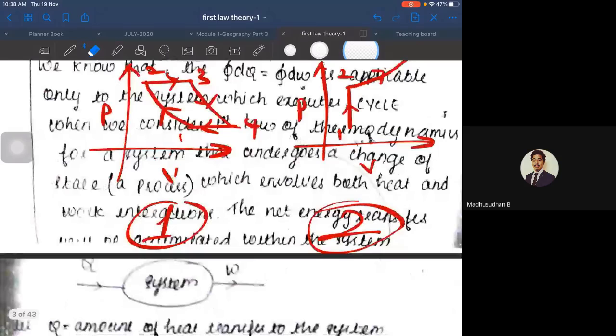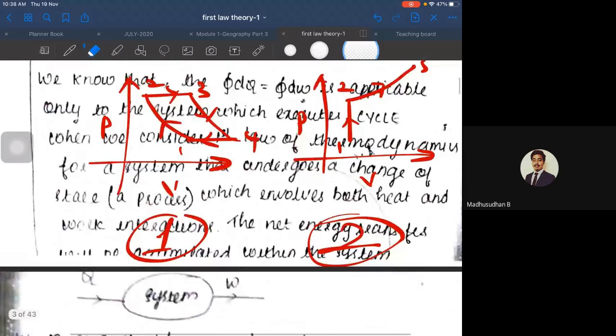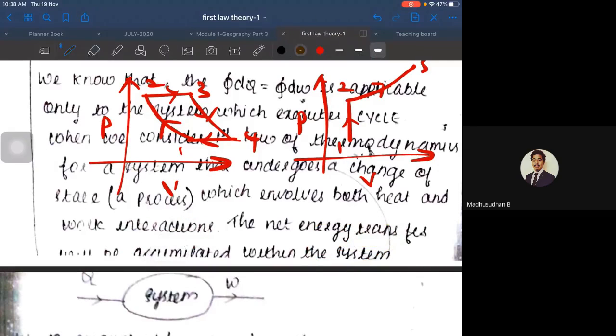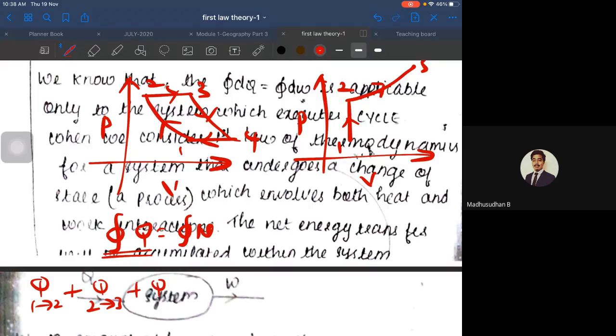For the cyclic process, you have learned that the cyclic integral of Q is equal to the cyclic integral of W. How do you apply this? Cyclic integral of Q means Q 1 to 2 plus Q 2 to 3 plus Q 3 to 4 plus Q 4 to 1.